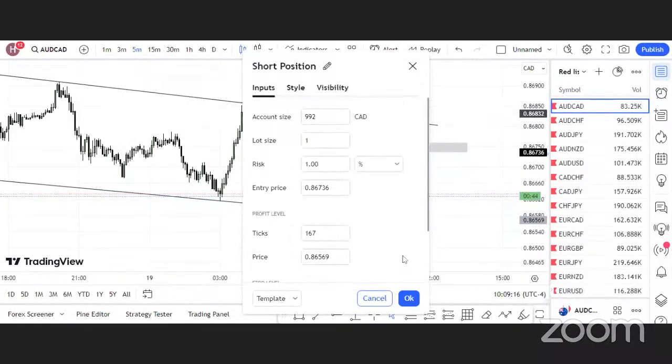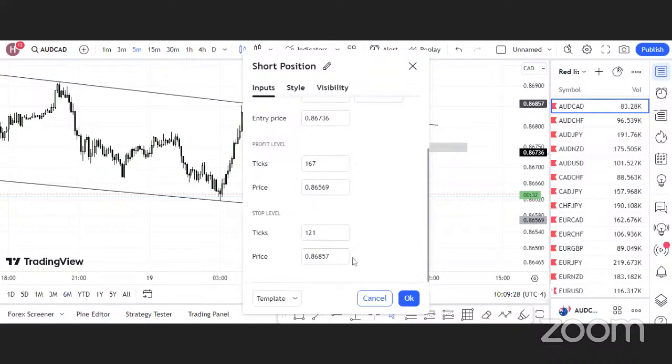The new stop loss is 0.86857. Then click on sell. 0.86857, that's the new stop loss. All right.